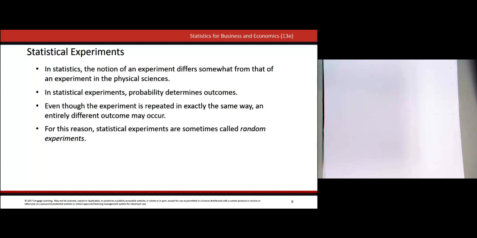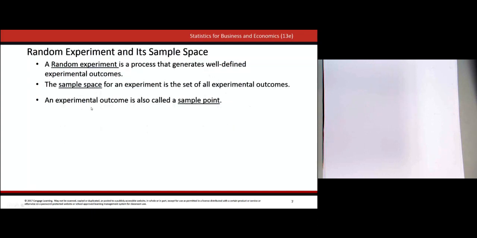That's why they are also called random experiments. For example, rolling a die is considered an experiment. You roll it, you get 6, you roll it again, you get 3.